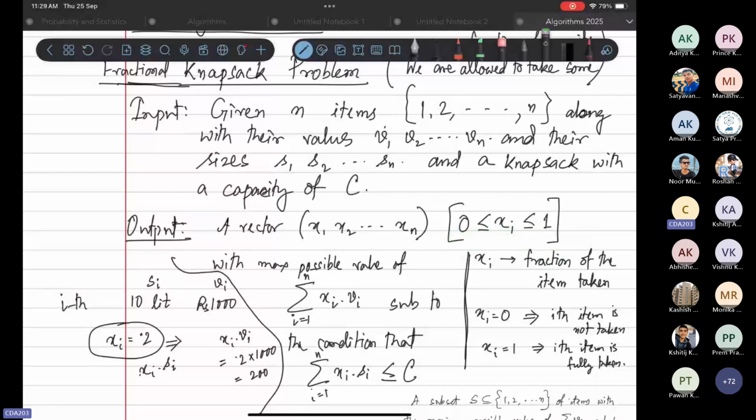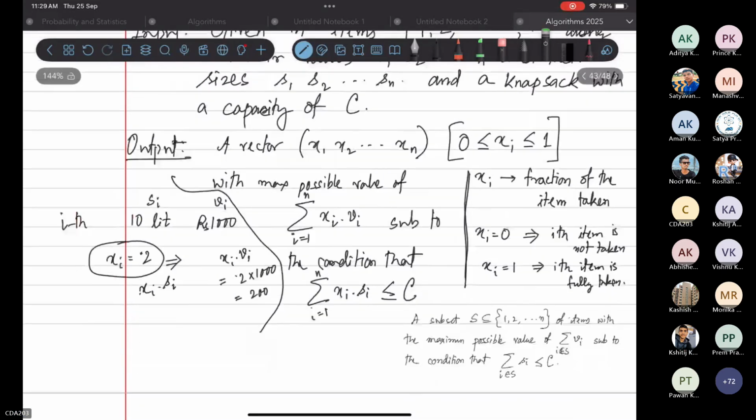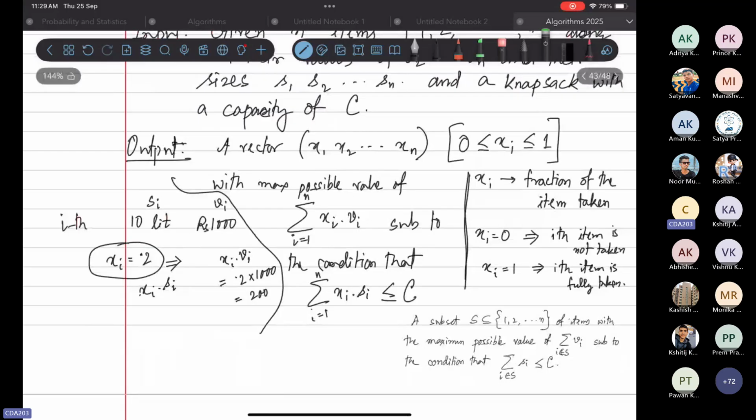If I restrict that xi is going to take either 0 or 1, then that's basically the 0-1 knapsack problem. Okay, fine. So although this is a more generalized version of the 0-1 knapsack, the solution process would be fairly intuitive.